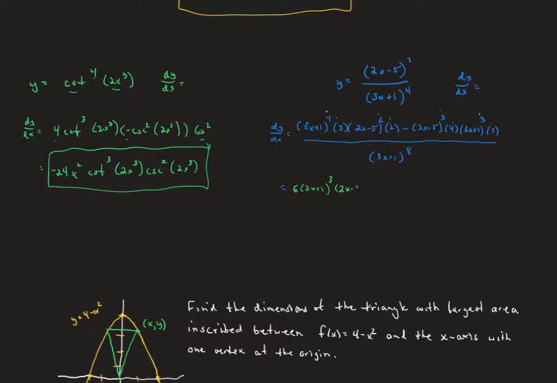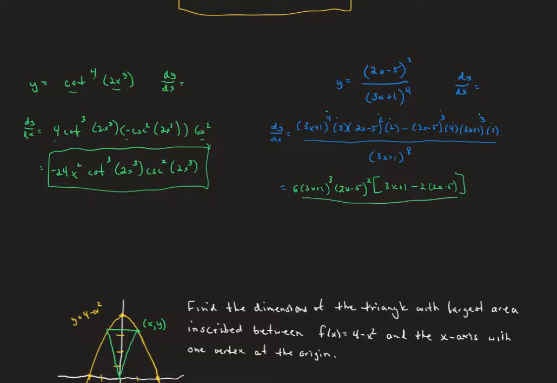So we can take out a 2x minus 5 to the second. So what's left, let's see, we took the 3 and the 2 out. We still have another 3x plus 1 that remains. And I think we took out all the 2x minus 5s. Then we have a minus. We took out a 6, but out of that 4 times 3, there's still a 2 left. We took out all of our 3x plus 1s, but we still have another 2x minus 5 here.